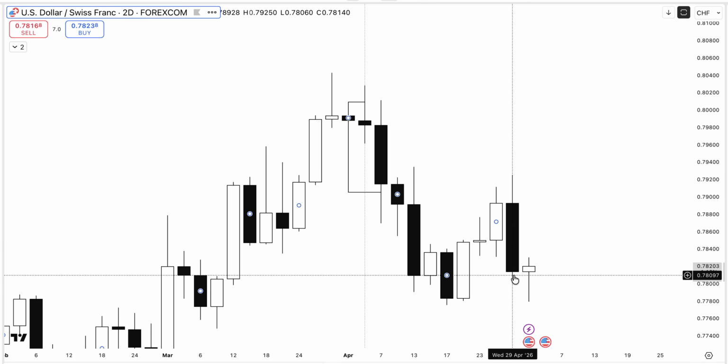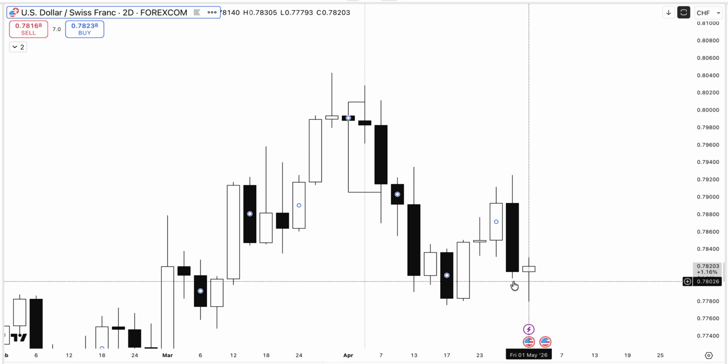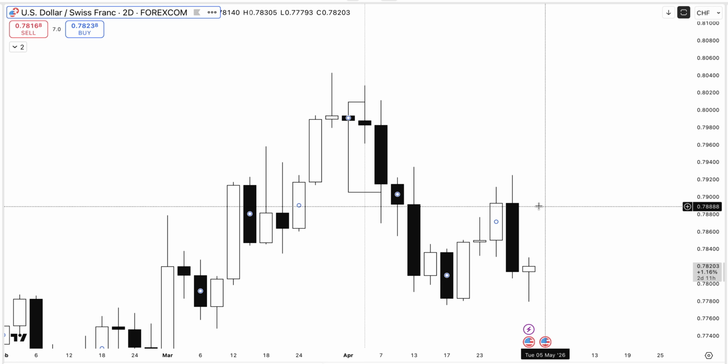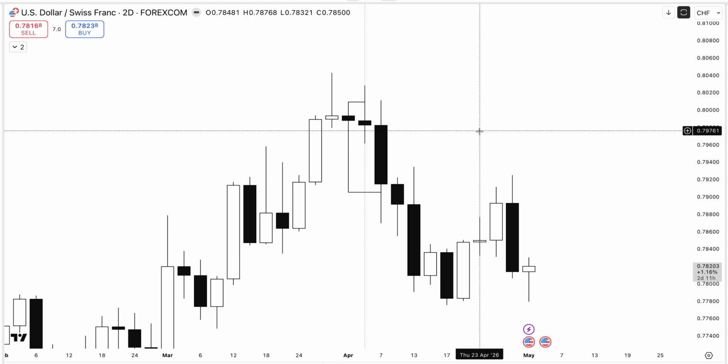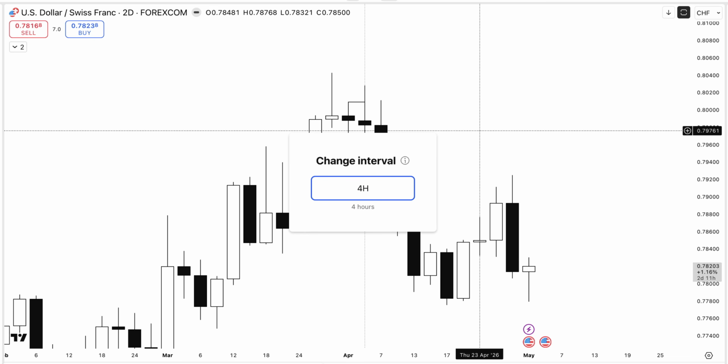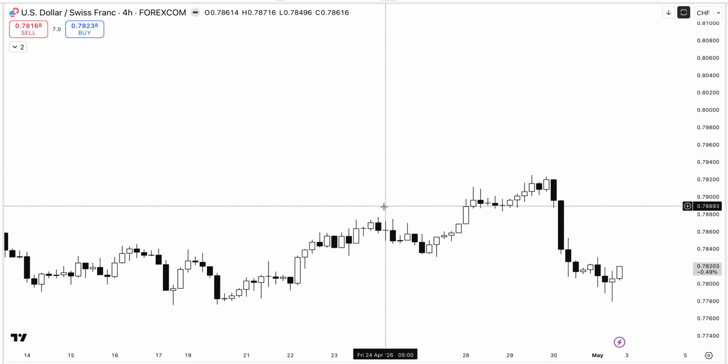Because we have gotten some form of rejection wick below, higher prices, according to Romeo, higher prices, right? I don't know if you understand. So that's just what I want to touch on for now.